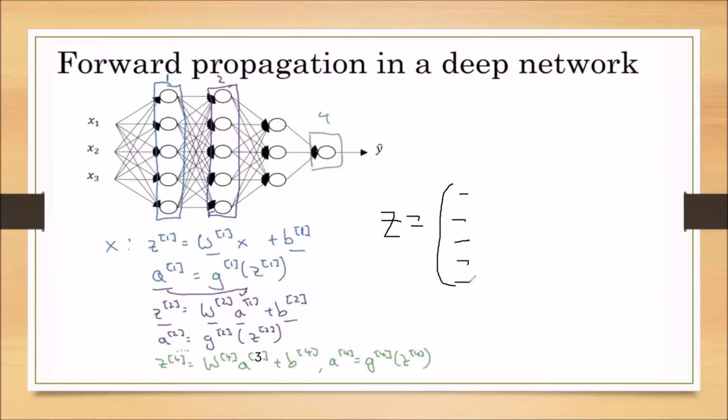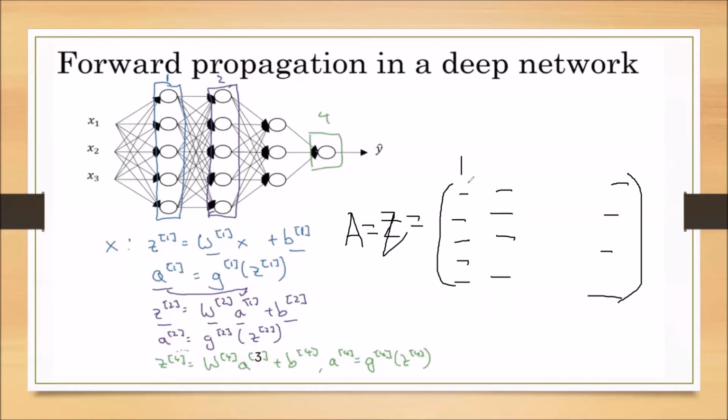The 5 activation unit Z values are here for the first training sample, the second training sample, and the mth training sample. This is capital Z. Similarly, whatever the matrix size of Z, the same matrix size of A will be there. So if we apply sigmoid of Z or tanh of Z or any activation function of Z, we are getting the activation function outputs of the first layer for all training samples.